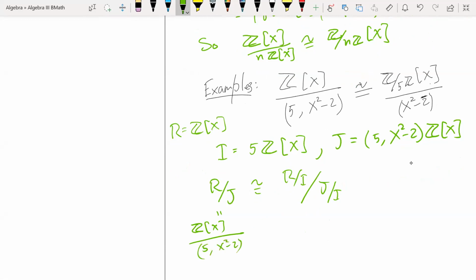And what is the right hand side? Let's just decode this part. R mod I is Z[x] mod 5Z[x].